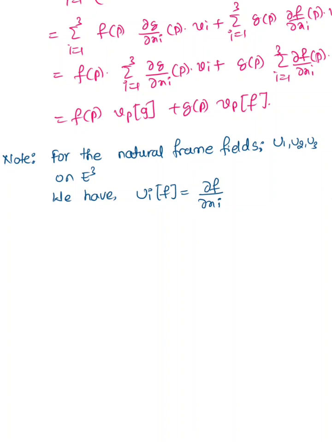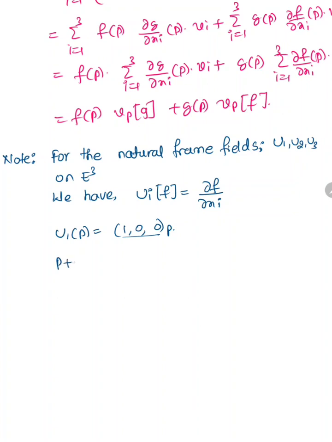First we will take i is equal to 1, then we have U1 of P as 1, 0, 0. So therefore we have P as (1, 0, 0) and the point P is arbitrary.